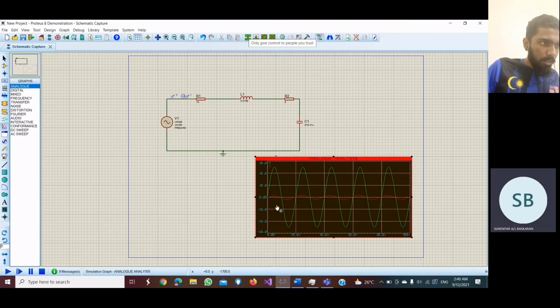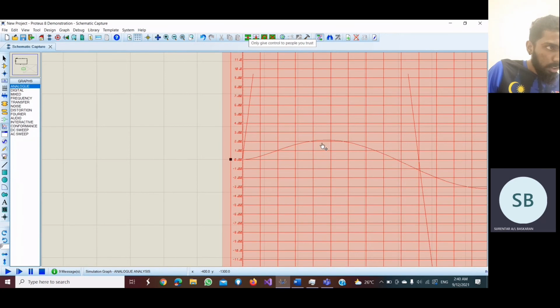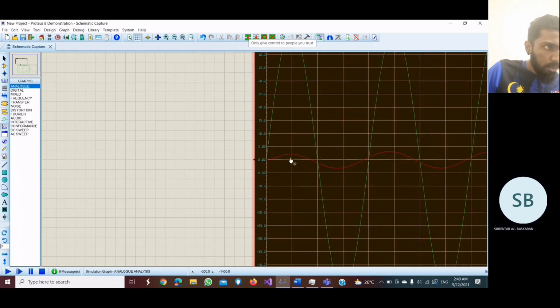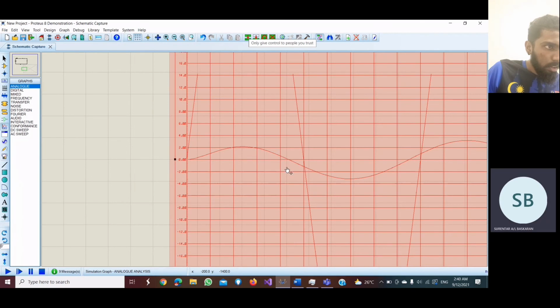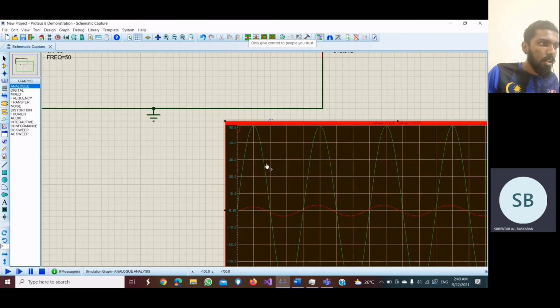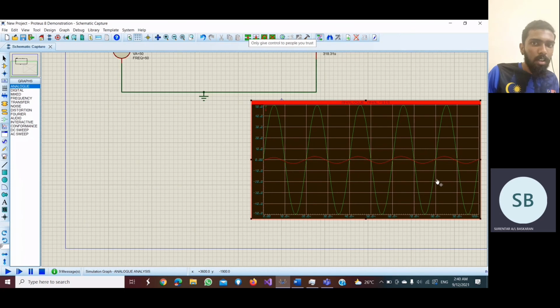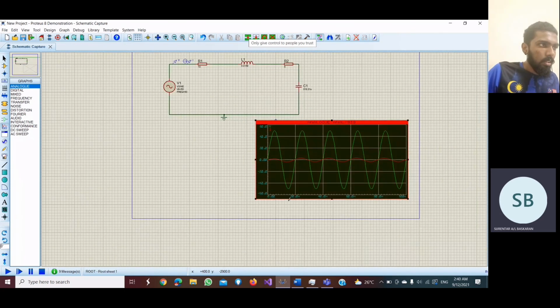Simulate it too, and we'll get an I graph, something like this.